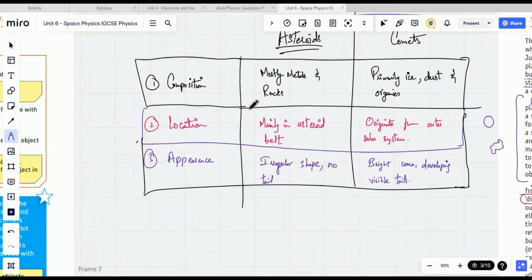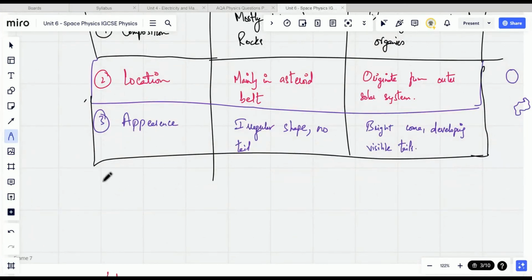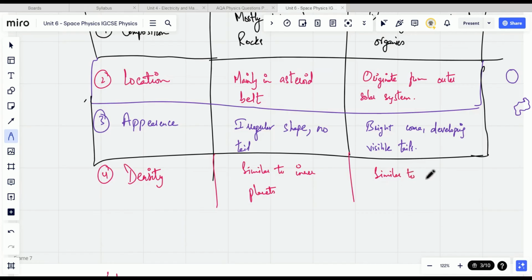The asteroid's density is similar to the inner planets, and the comet's density is similar to the outer planets. So, density: this is similar to inner planets, and this is similar to outer planets. Okay?